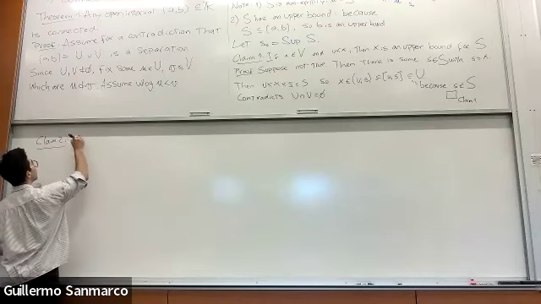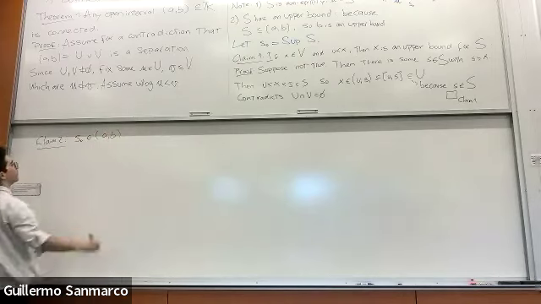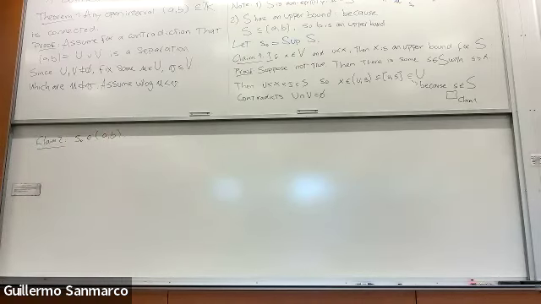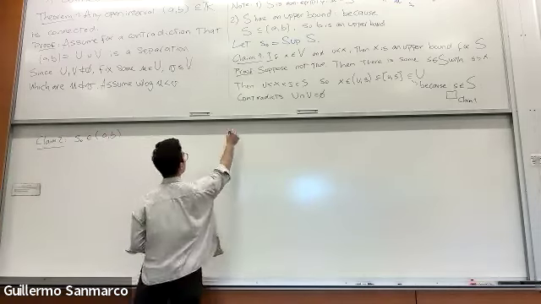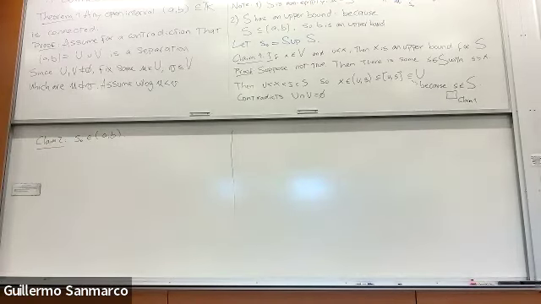So we need to prove that S naught lives in AB. Should be absolutely obvious, but we need to prove it. In principle, the supremum lives in the reals. We need to prove it's there.